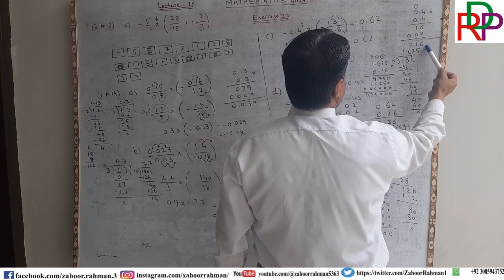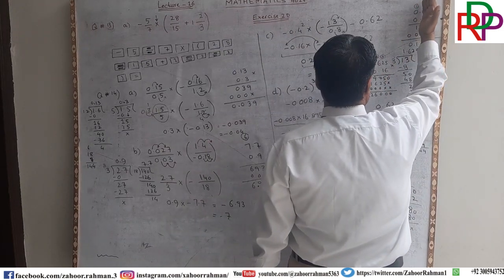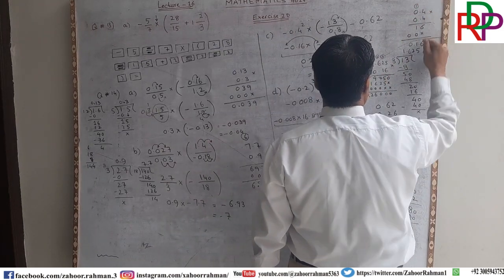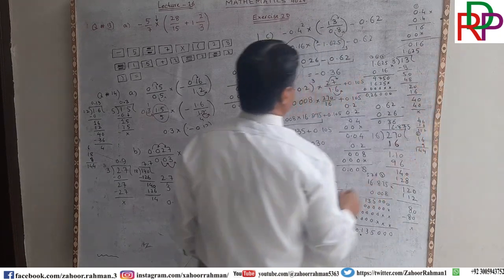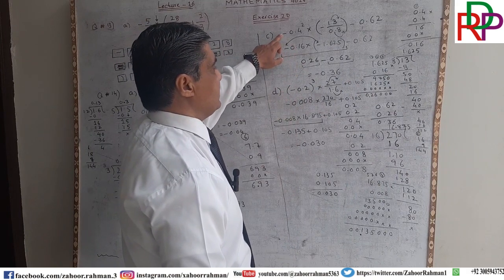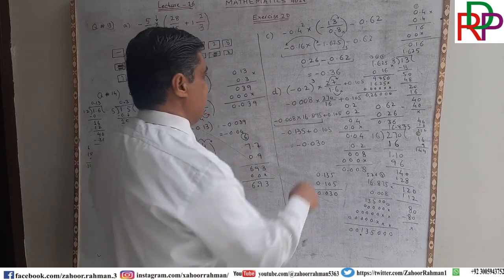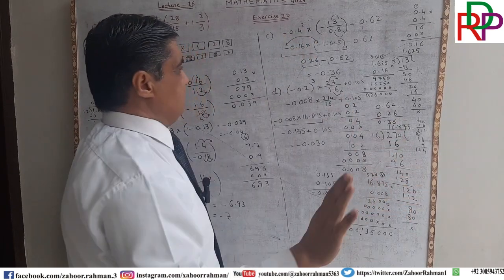When we add this 6, 1 and 0, because after the decimal there are 2 digits, so we have to put 2 digits here, so it will be 0.16 and the minus will be in its place. Don't confuse yourself that this 0 will make this minus 1 a plus 1.